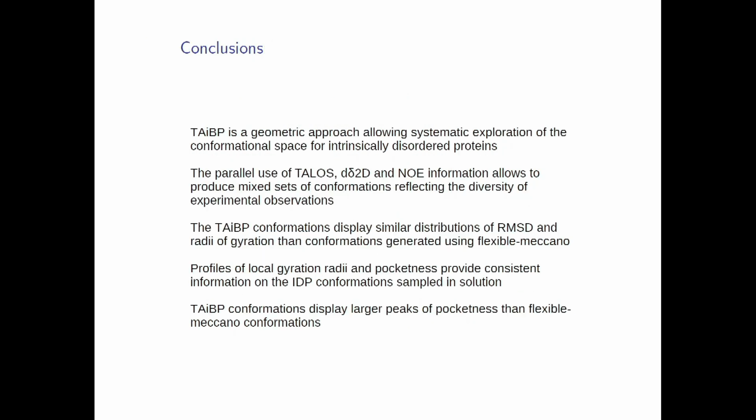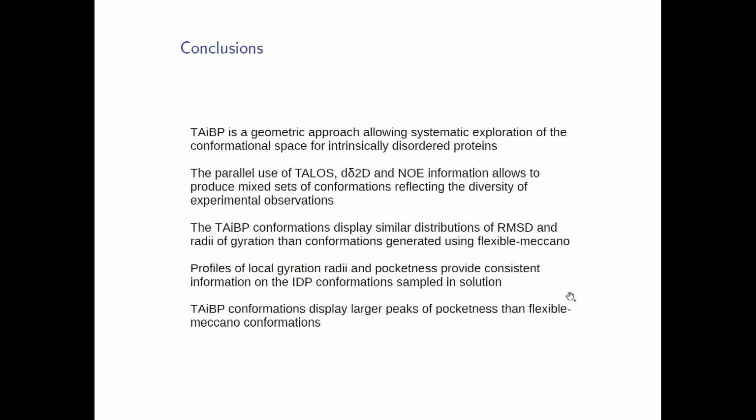alpha-synuclein, for example. Okay, so now I just presented you a geometric approach for systematic exploration of the conformational space for intrinsically disordered proteins, and we can use it in parallel with different prediction methods, which are more or less devoted to folded, partially folded, or completely disordered proteins.